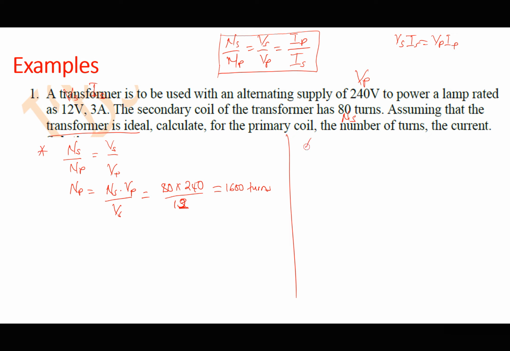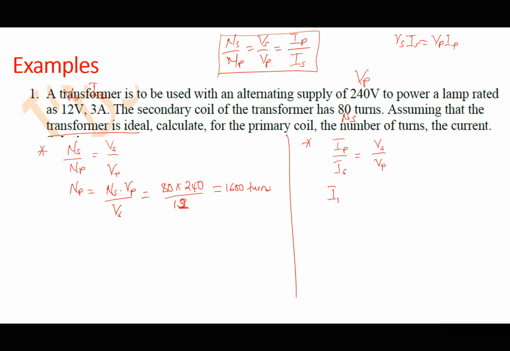This is the first part of the question. The second part of the question wants us to find the current in the primary coil. The current in the primary divided by the current in the secondary is equal to the voltage in the secondary divided by the voltage in the primary. It is the reciprocal.